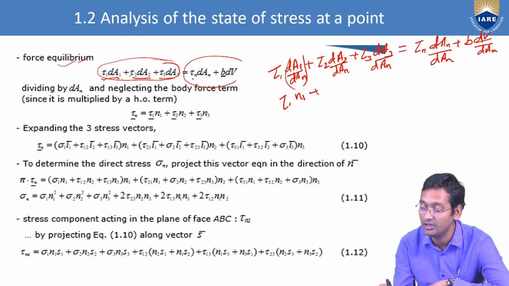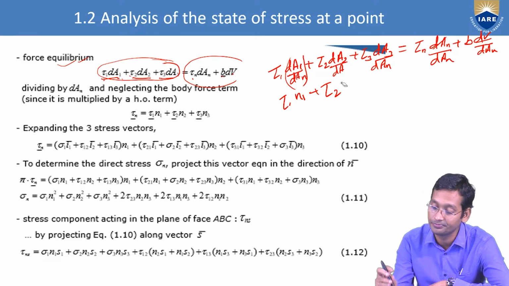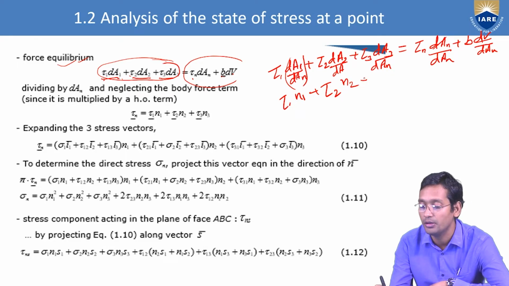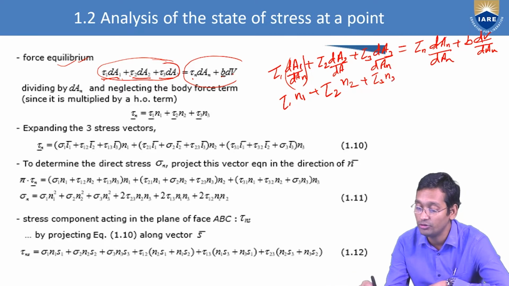Plus similarly dA2 by dAn, so this will give you tau 2 n2, and plus tau 3, similarly this will give you n3, which will be equal to tau n, because these two get cancelled.